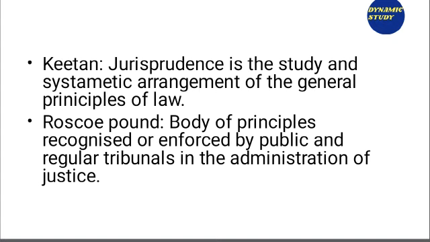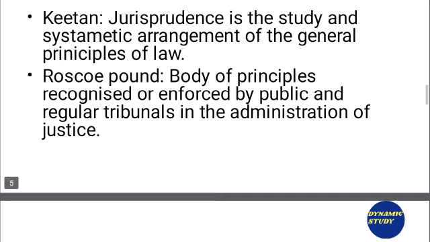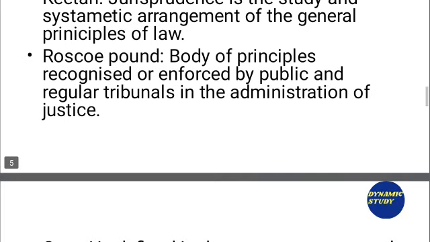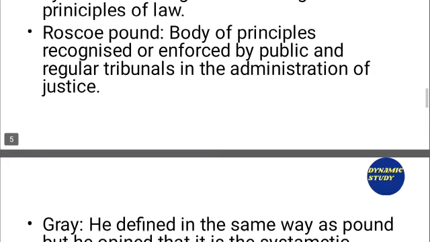So Salmond was more focused on the administration of justice, and the rules and regulations that jurisprudence deals with are meant for the administration of justice. Okay. Salmond further classified jurisprudence into generic and specific senses, and the specific areas of law were classified into analytical, historical and ethical jurisprudence.